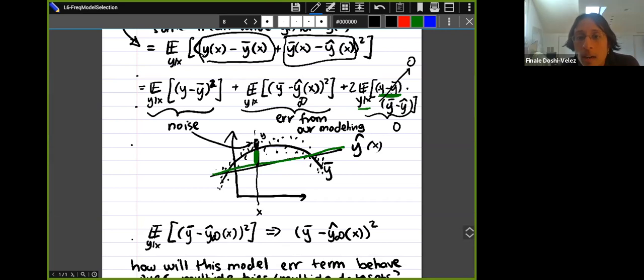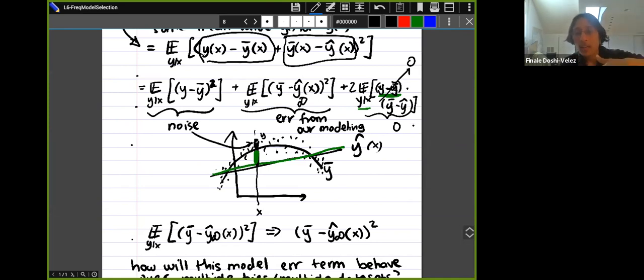Over here, we have only one copy of y minus y bar. That's this first term, multiplied by a term that is y bar minus y hat. But y bar does not depend on the noise in y, which is where this expectation is being taken.